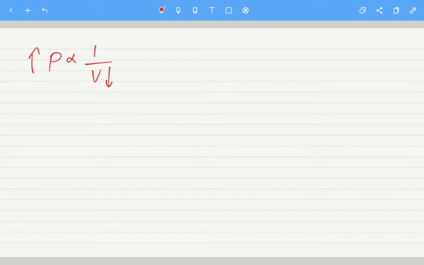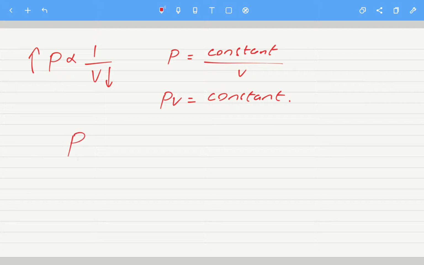And we can write mathematically, pressure is equal to a constant divided by volume. You should have done this in maths. If not, you will do. And we can say that PV is equal to a constant. Now, if you can't follow that, if you're not at that level, you can still do the questions. We've got an equation: pressure 1 times volume 1 must be equal to pressure 2 multiplied by volume 2.